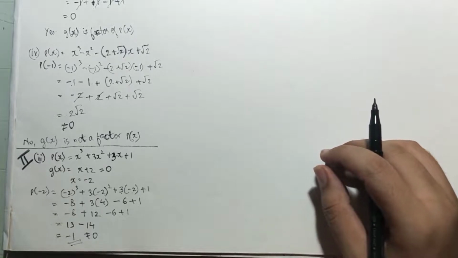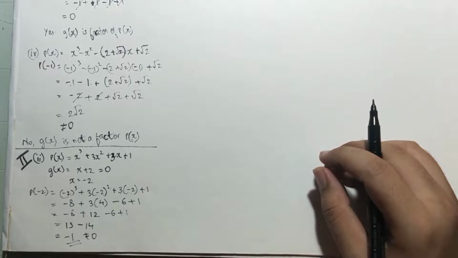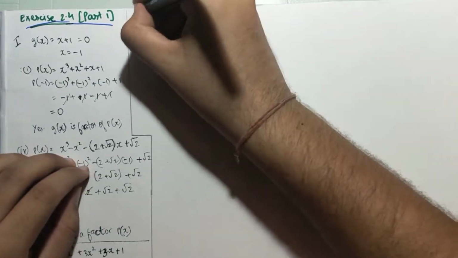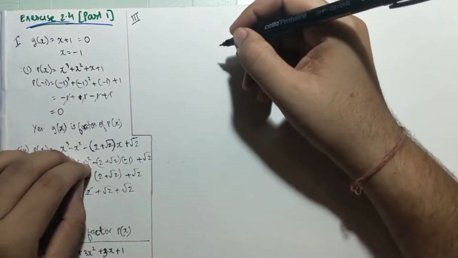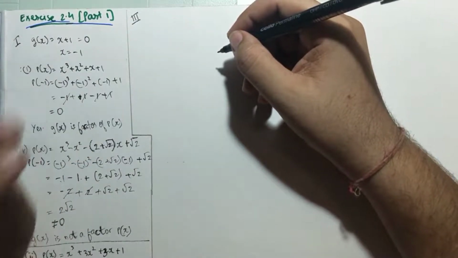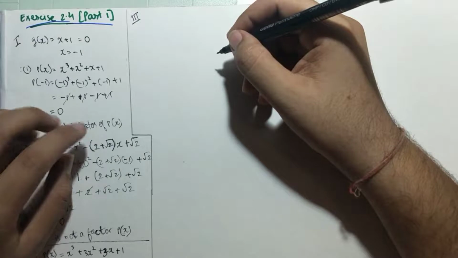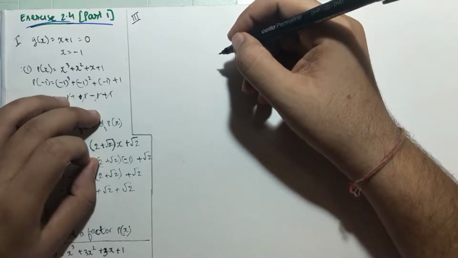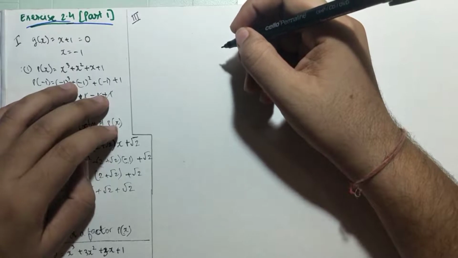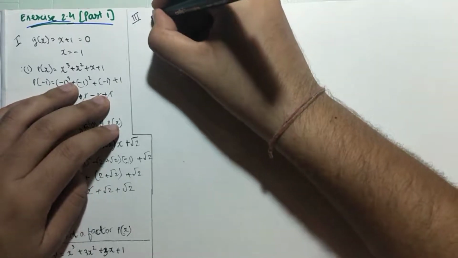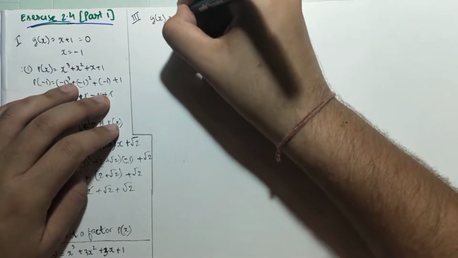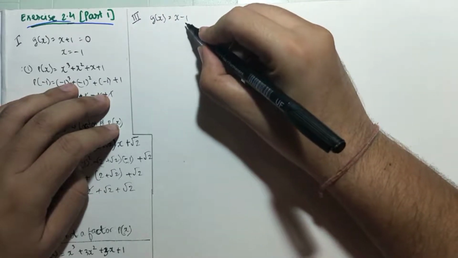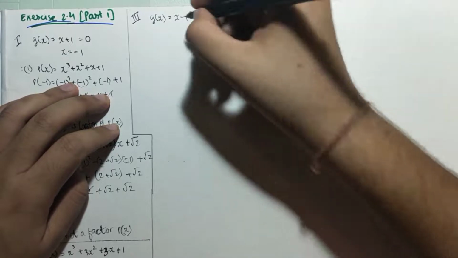I am proceeding towards the third question. The third question is also the same, but the difference is they have given us 4 polynomials, and in all 4 polynomials there is one unknown value, that is k. They have told us that g of x, that is x minus 1, is a factor of all the polynomials.